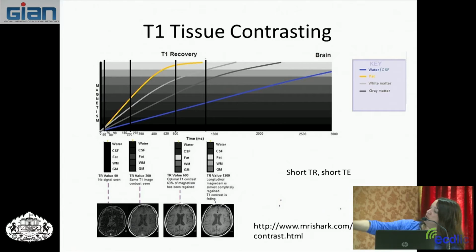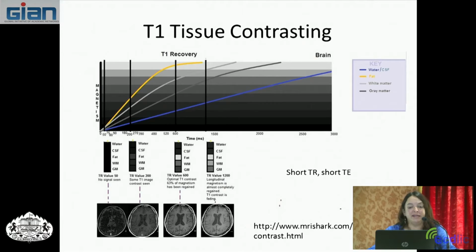So the first line shows, in the corresponding image underneath, what happens if we collect the signal, or basically that free induction decay signal, we listen to it with our receiver too early. So you see there's not a lot of contrast between those tissue types.